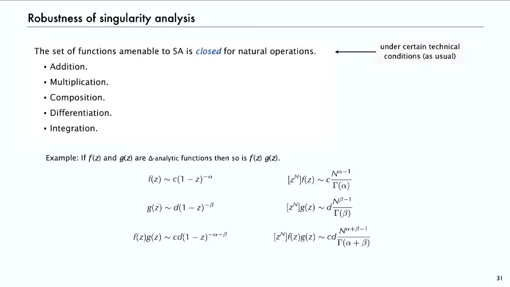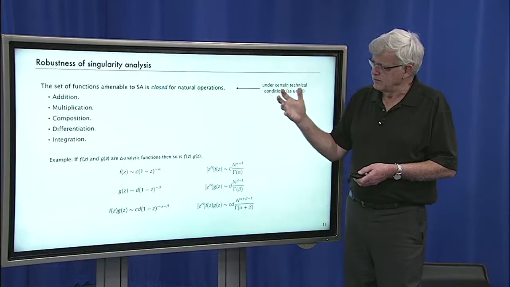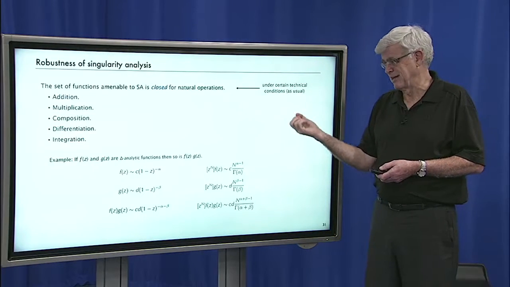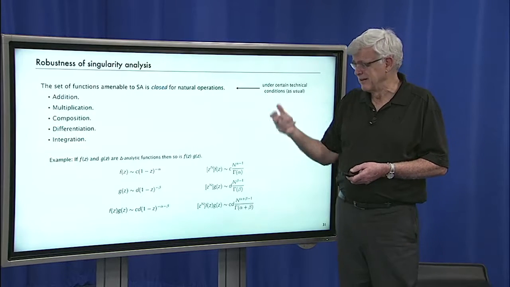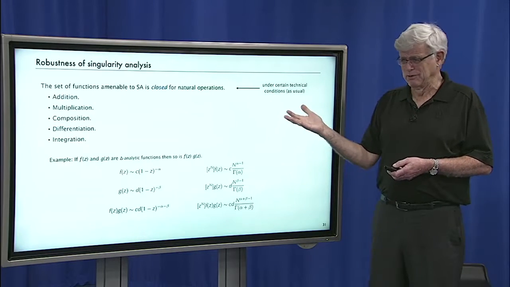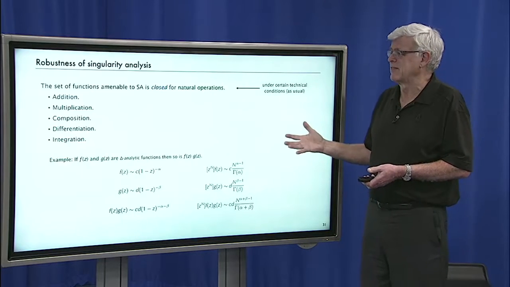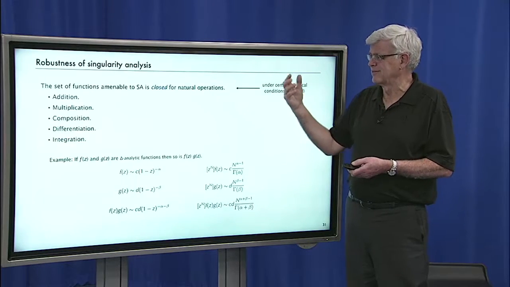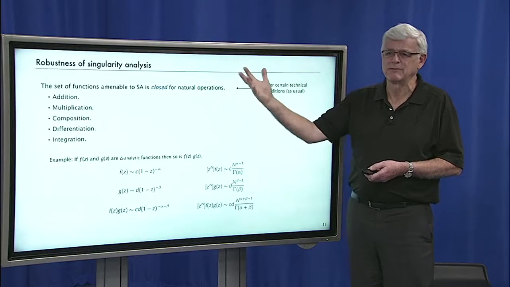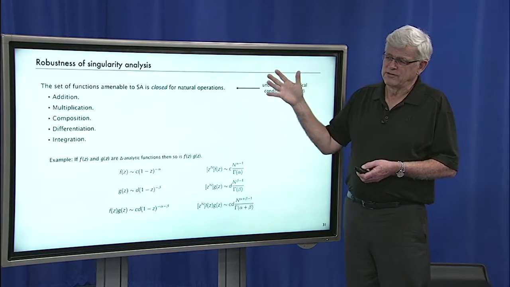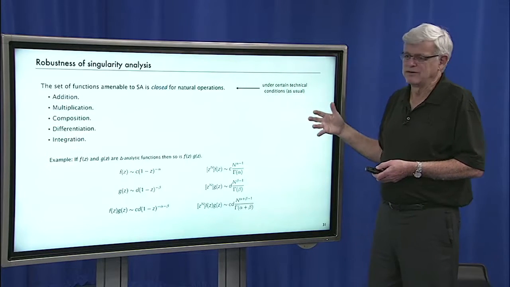And you can show that for multiplication, differentiation, and other things like that. The kinds of operations that we perform on functions in the symbolic method are these kinds of things. We add them, we multiply, we compose them, we differentiate and integrate them. So we think that if you get your functions in this way, then you're going to be able to use singularity analysis. So that's just a general observation.